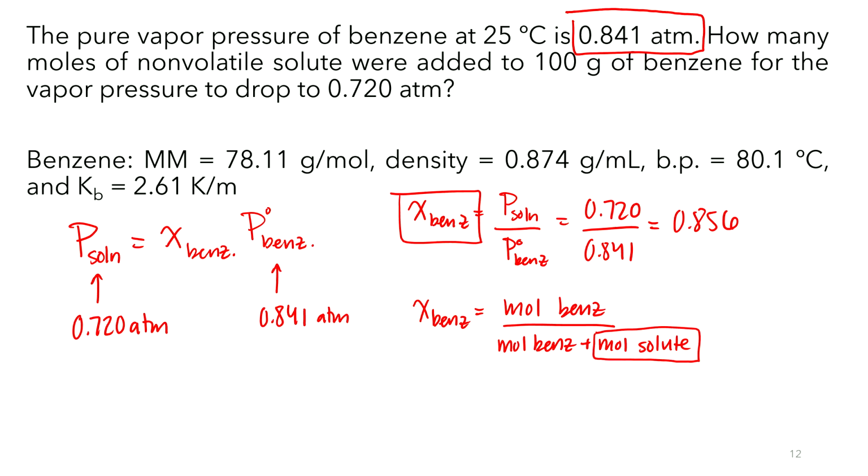We know this fraction. It equals 0.856. Do we know the moles of benzene? We sure do, because I told you that it was 100 grams of benzene, and I've kindly provided you with the molar mass. So now we can solve for moles, and now we have one variable left, and it's our moles of solute. So I'm going to find moles of benzene.